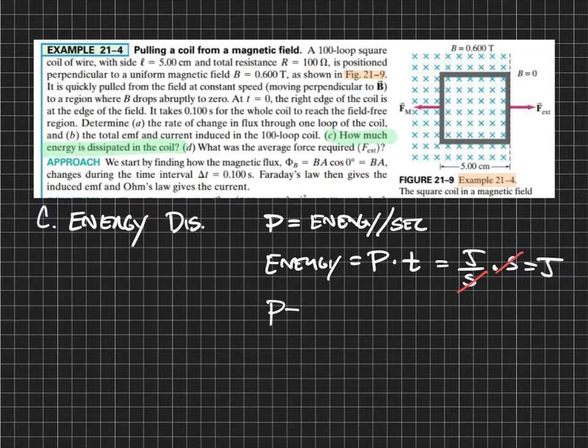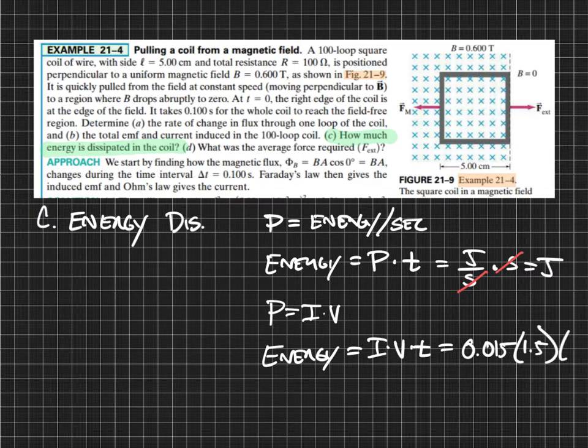So to do that, I'm going to have my power, which again is current times voltage, or I squared R, or however you want to identify that. And then obviously we multiply that by time. So energy is going to equal I times V times T. So we would have 0.015 times 1.5 times 0.1 for the time that it took for that to be produced.